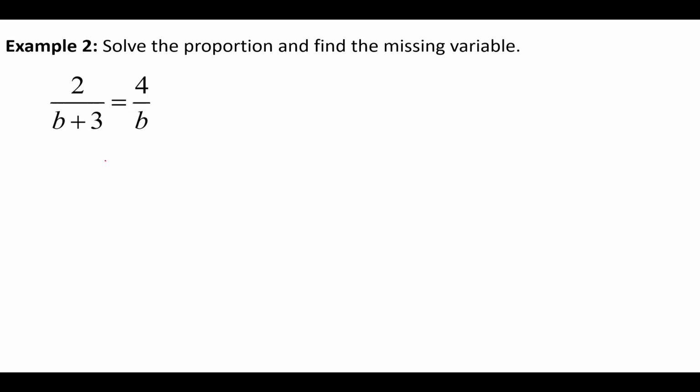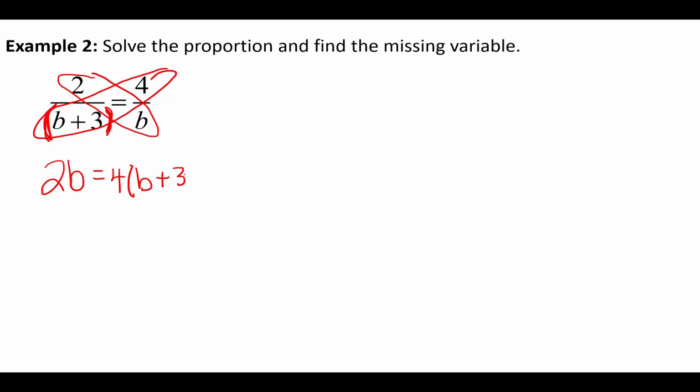On number 2, let's cross multiply again. So 2 times b will be 2b equal to 4 times, now we have an expression. We don't just have numbers, so we have to make sure that we remember parentheses around what we're multiplying if it's an expression, because the 4 is getting multiplied to the b and the 3, so we have to distribute.